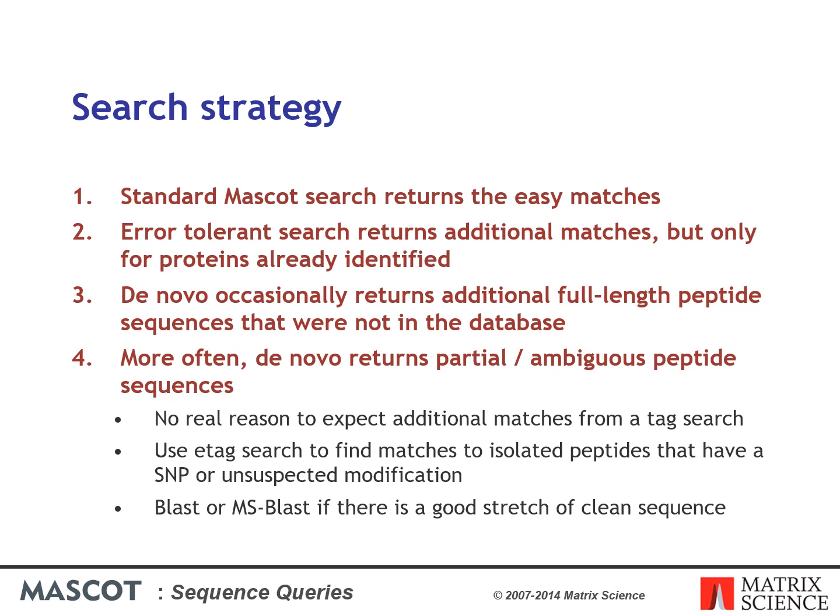More often, de novo returns partial, ambiguous peptide sequences. There's no reason to expect additional matches from a tag search, so use an error-tolerant search and e-tag search to find matches to isolated peptides that have a SNP or unsuspected modification. BLAST or MS BLAST if there is a good stretch of clean sequence.